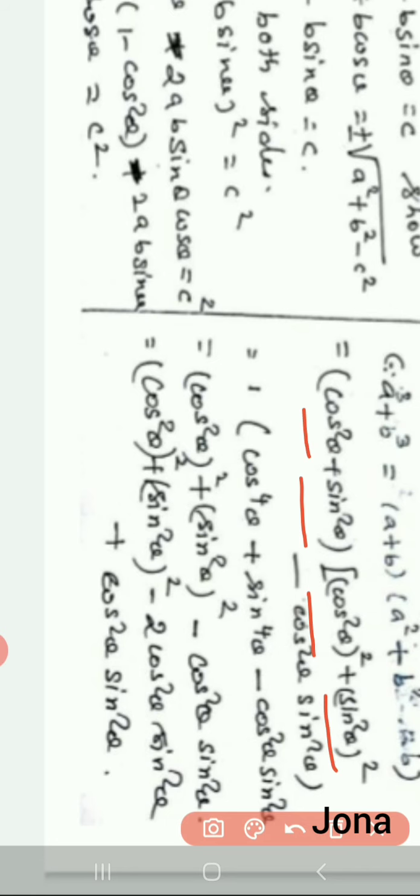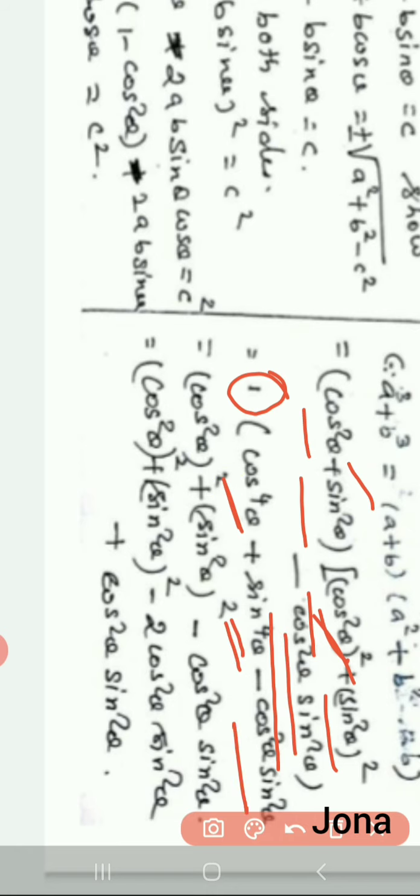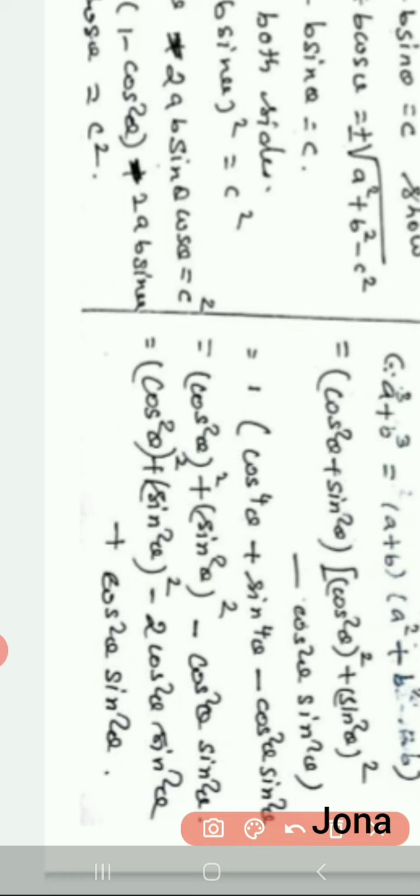So that I get A is cos square, B is sin square, and here A square plus B square minus AB. This cos square plus sin square value is 1, and then here you can multiply this cos power 4 and here sin power 4 minus cos square sin square theta, as it is it will be there.